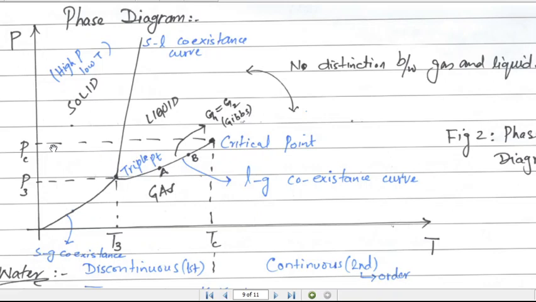For example, if I take a block of ice and I increase the temperature of the ice, the temperature will rise, and at this point the ice will start to melt, and this temperature will correspond to 0 degrees Celsius.